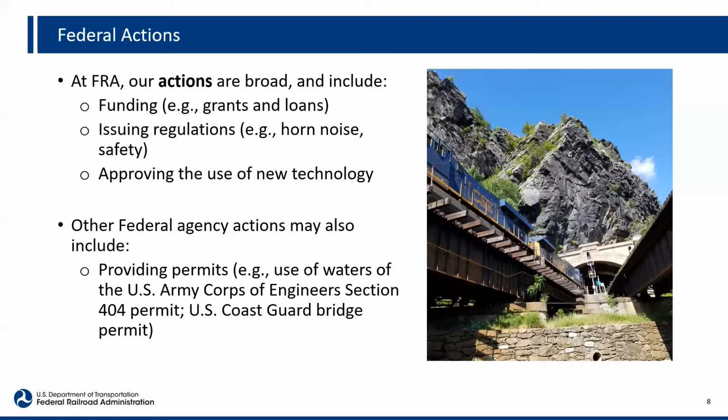Other federal agency actions could include, for example, other agencies like the Army Corps of Engineers providing a permit. So if you are required to obtain a Section 404 permit from the Army Corps of Engineers or a bridge permit from the Coast Guard, that would also require the preparation of environmental documentation under NEPA.